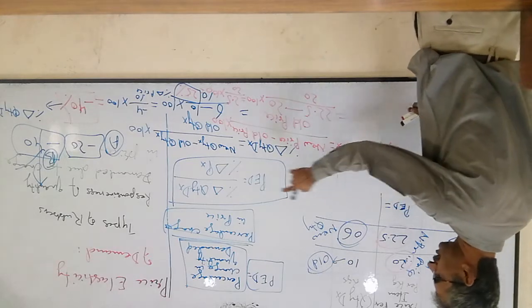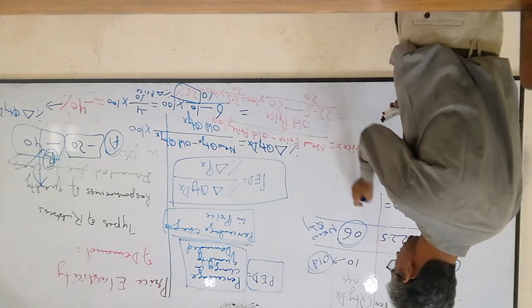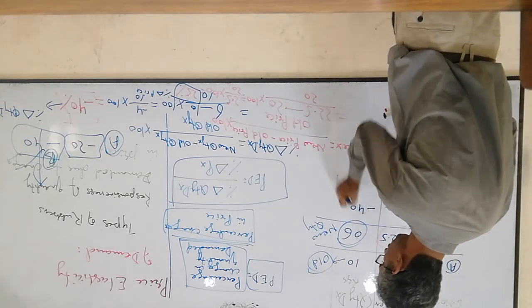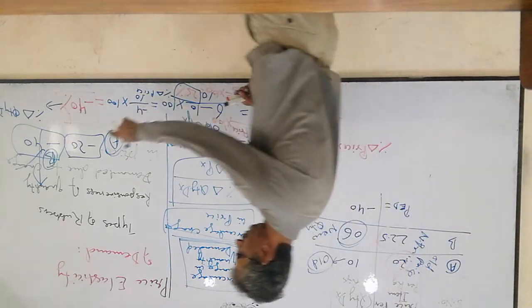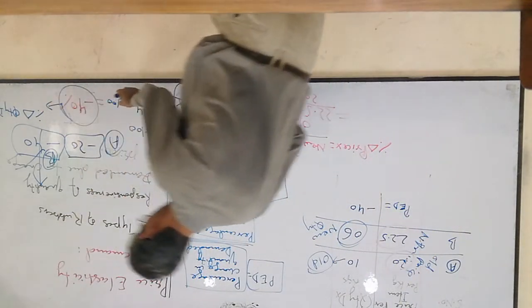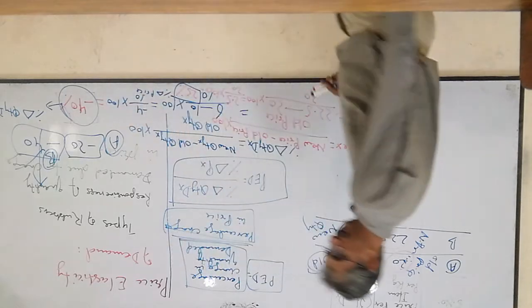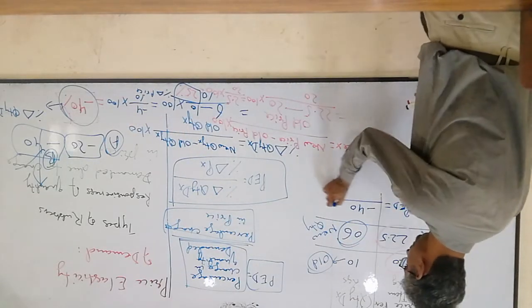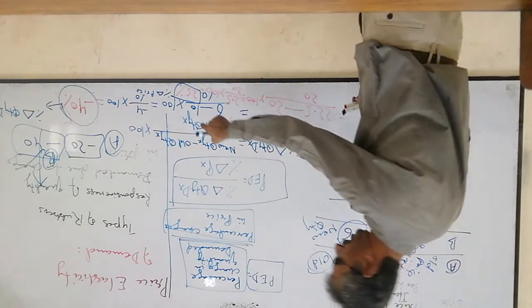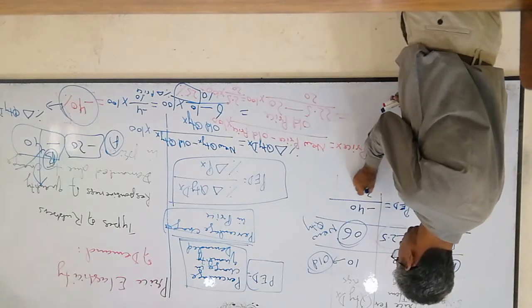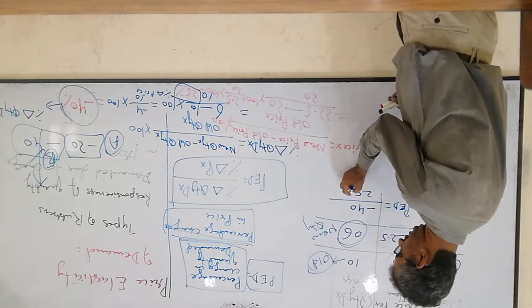So we say the percentage change in the quantity was minus 40. With the help of this formula we have calculated. And the percentage change in the price is 25%.